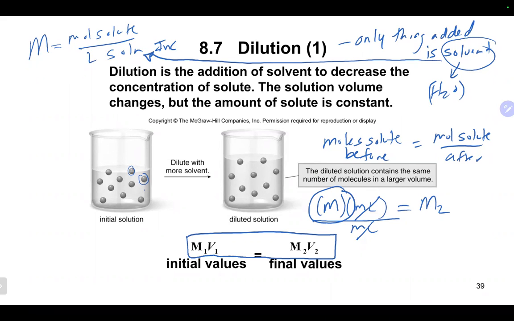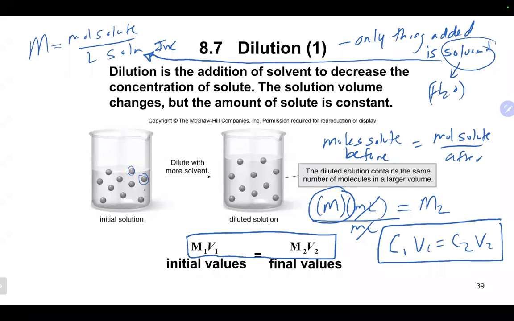Now, sometimes people will show the dilution equation as C1 V1 is equal to C2 V2, where C is just a generic concentration. And the truth is, although molarity is really the most common unit of concentration, and most people roll out the dilution equation as M1 V1 equals M2 V2, you could use any type of concentration unit in here.